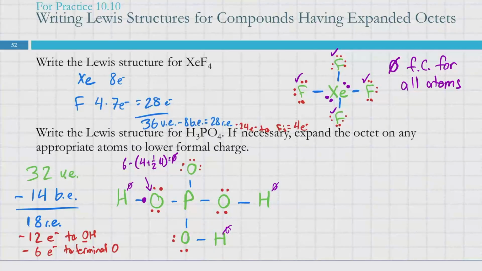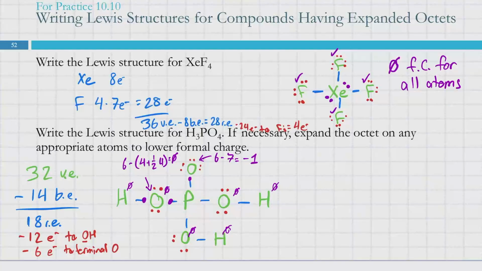Or if you just put a dot on the end of the bonds, it's got 6 just right around it. So those also have formal charges of 0. The last thing to check is our terminal oxygen. 6 minus 7 gives us a formal charge of -1.